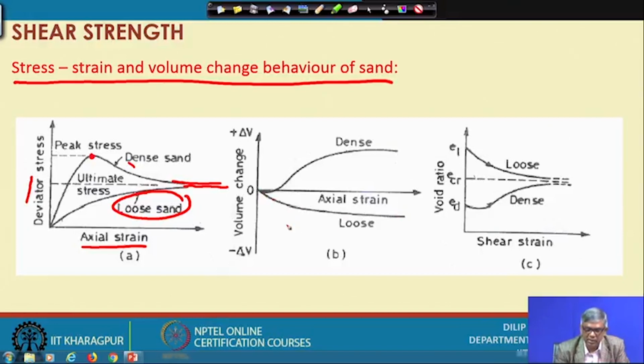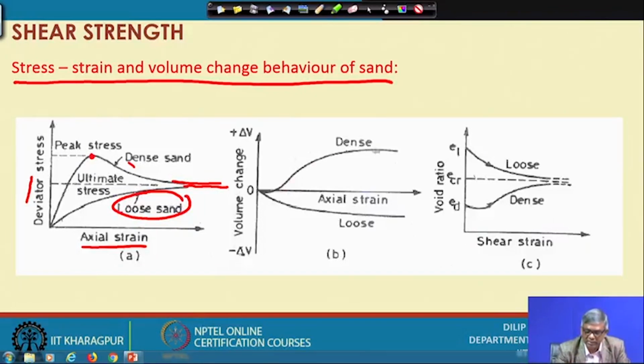Whereas for dense sand, up to a certain strain value there is volume decrease, but when it exceeds that strain value, there is volume increase, that is dilation, because dense sand has a dilation effect.